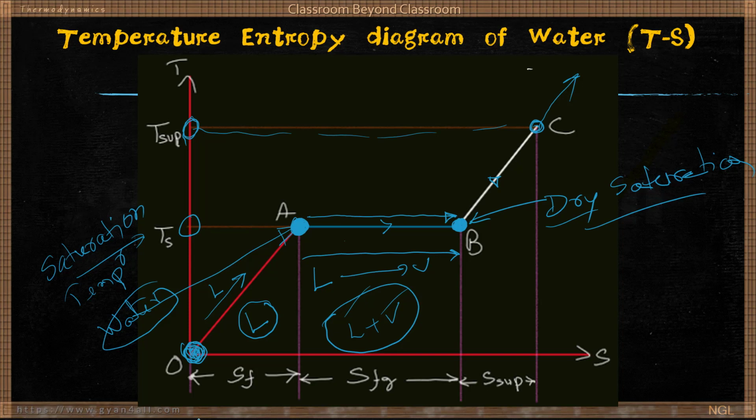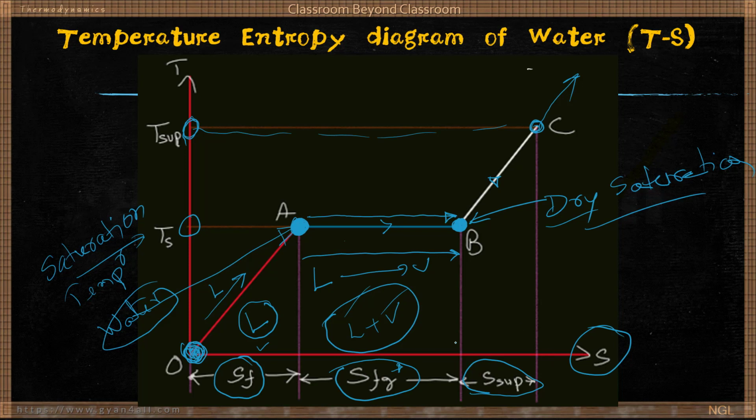And if you look at the axis for the entropy, then SF is the entropy of liquid, SFG is the entropy during the evaporation, and S sup is the entropy during superheat.